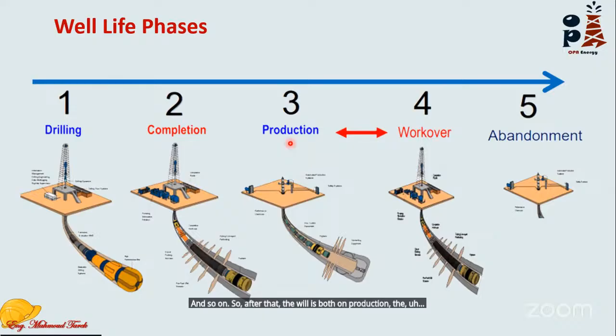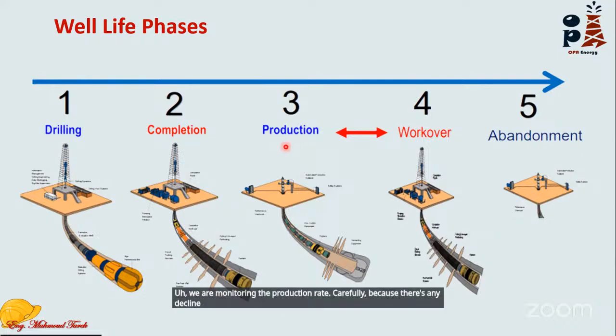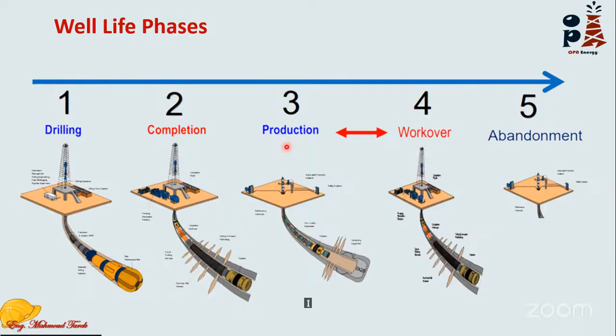During the production phase, we are monitoring the production rate carefully because with any decline in the production rate, I must go with a solution or make an action. The action here will be the well intervention.